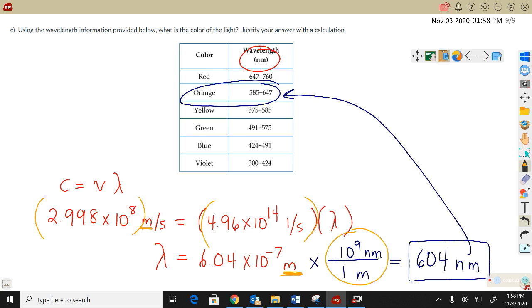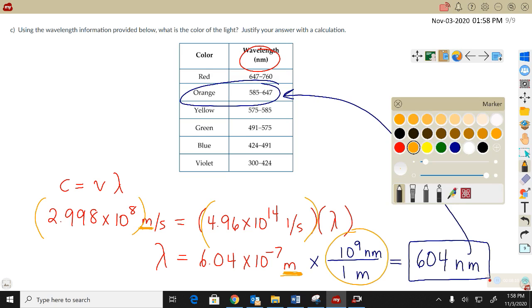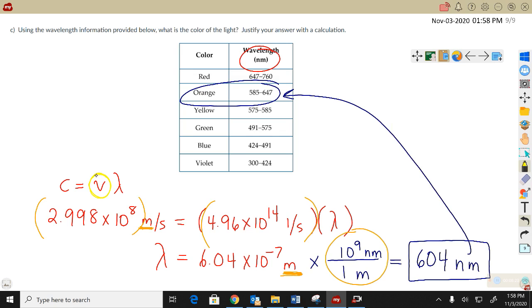Now here's one progression through these equations, but you could also do this backwards. Like if they gave you a wavelength, maybe they would say like how much energy is being emitted from this photon or whatever. Where if I had a wavelength, I could go backwards and solve it for frequency.